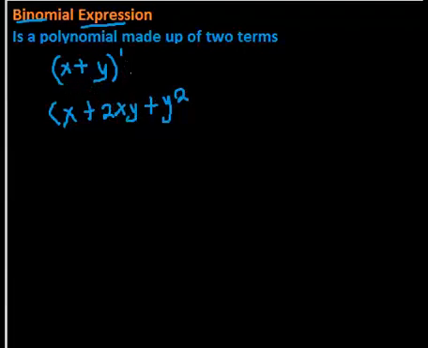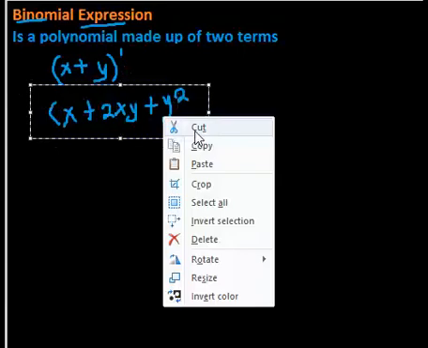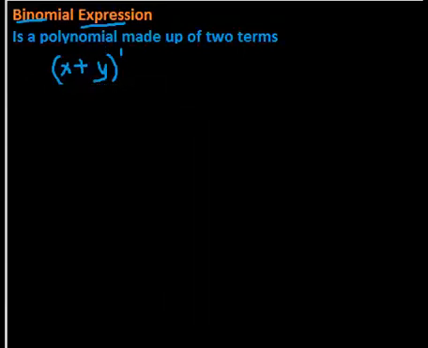Now, binomials can also increase in terms. It can increase in power, right? Just like we have x plus y raised to power 1. We can also have x plus y raised to the power of 2.